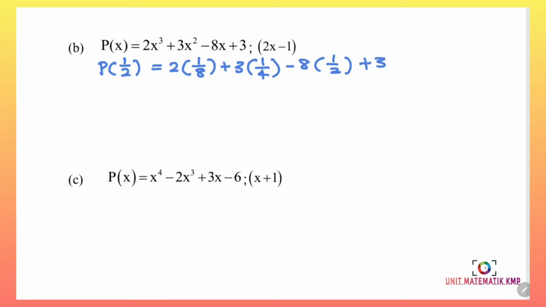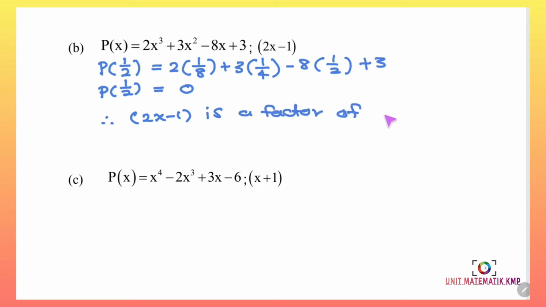What is the answer? The answer here is equal to 0, so P(1 over 2) is equal to 0. We will write the conclusion. Therefore, 2x minus 1 is a factor of the given polynomial P(x).